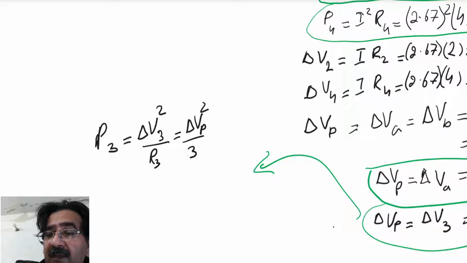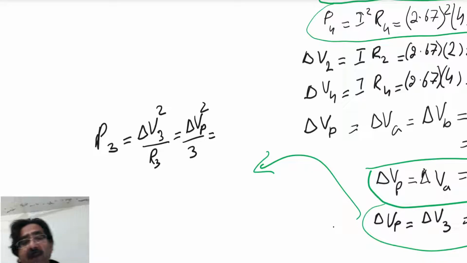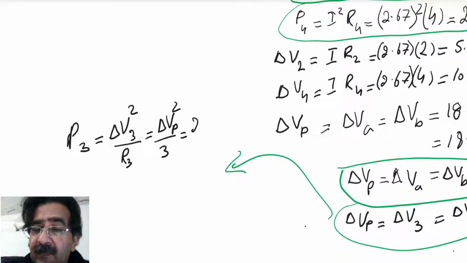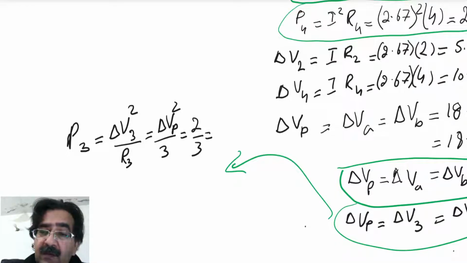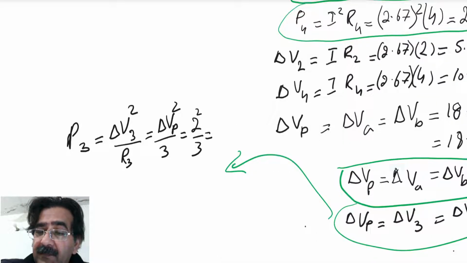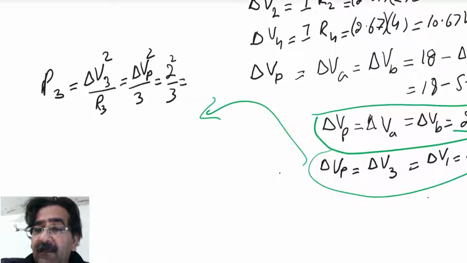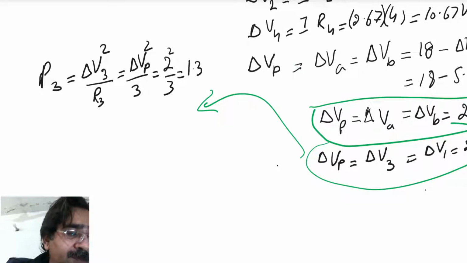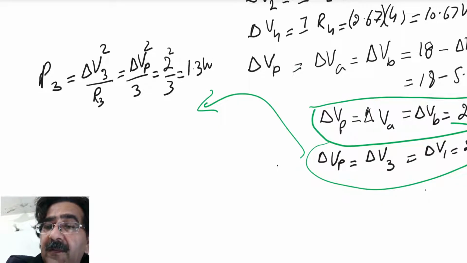R3 is 3 ohm, so delta Vp is 2, divided by 3, and that is equal to 2 squared over 3. That will be equal to 1.3 watts.